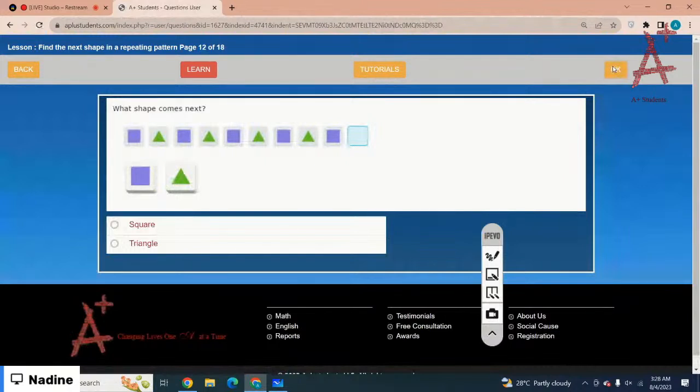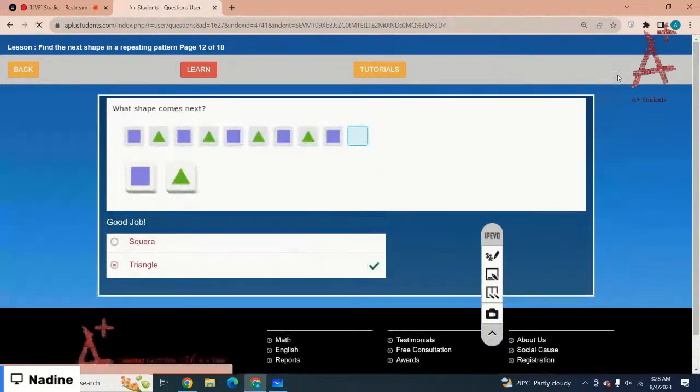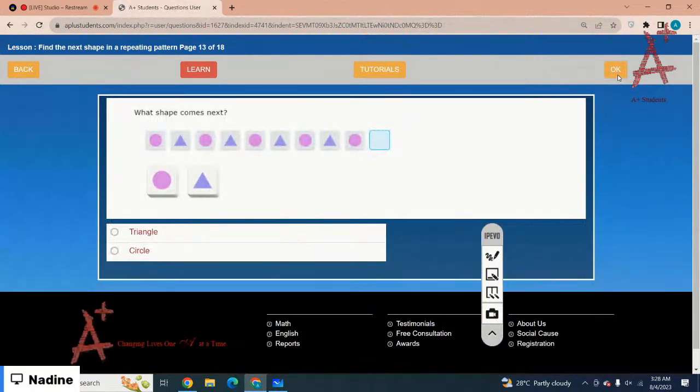Yes, it is a triangle. The correct option is triangle.